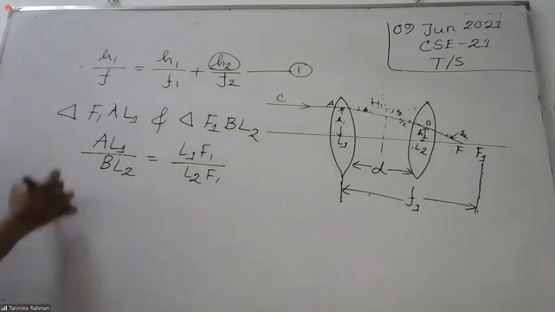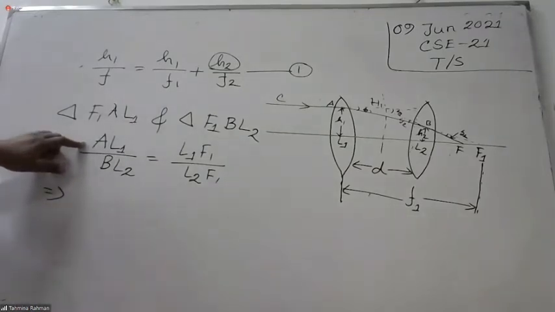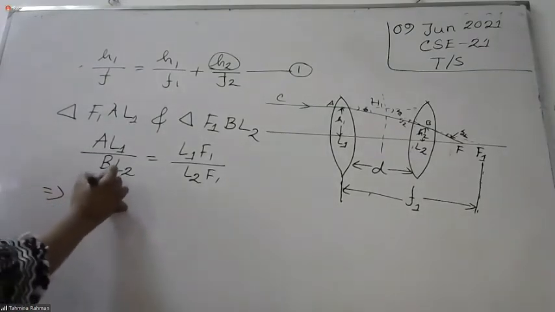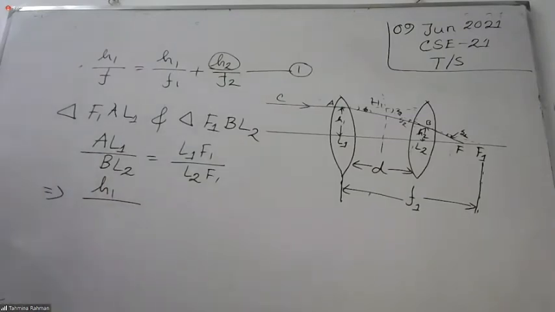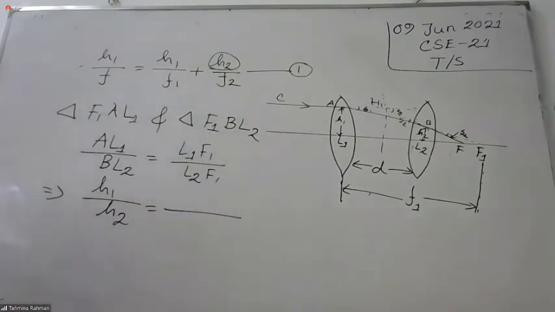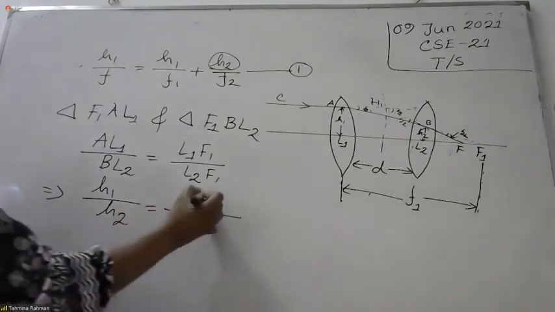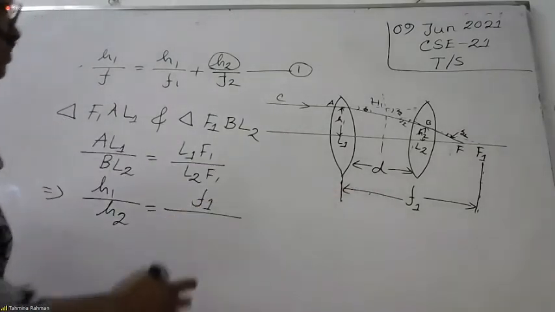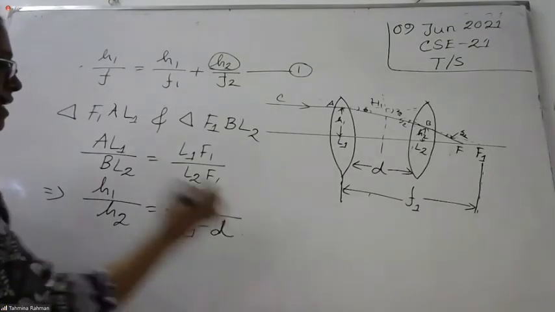L1 is H1, BL2 is H2, L1 F1 is F1, and L2 F1 is F1 minus D.